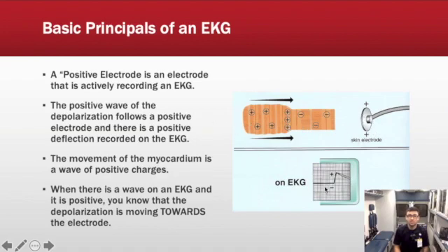So if you see a positive deflection on the EKG, just as you do here, that means the heart is contracting towards that electrode. The movement of the myocardium is a wave of positive charges. So when there's a positive wave on the EKG, you know that the depolarization is happening towards that electrode. Keep that in mind for later when you're looking at EKGs and understanding how the myocardium is contracting.